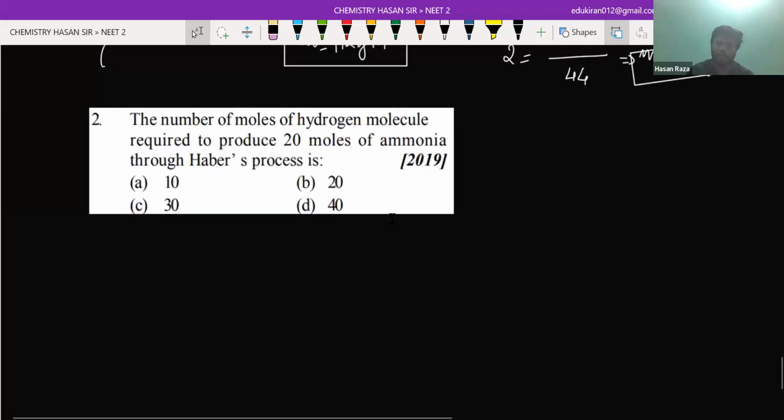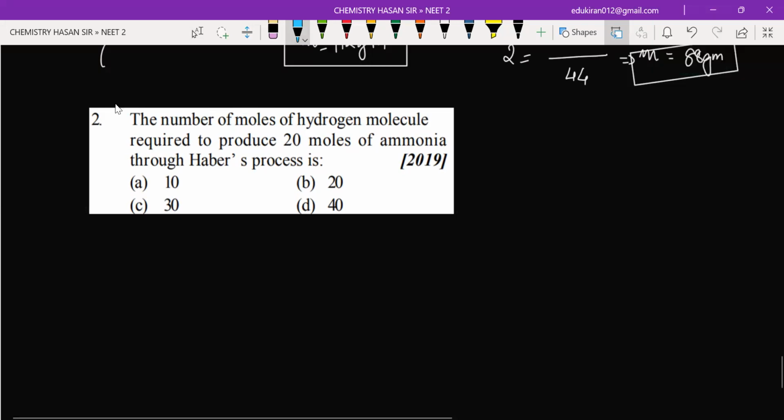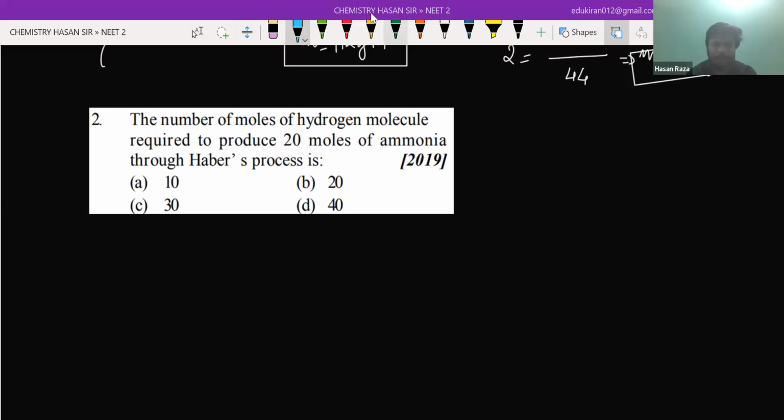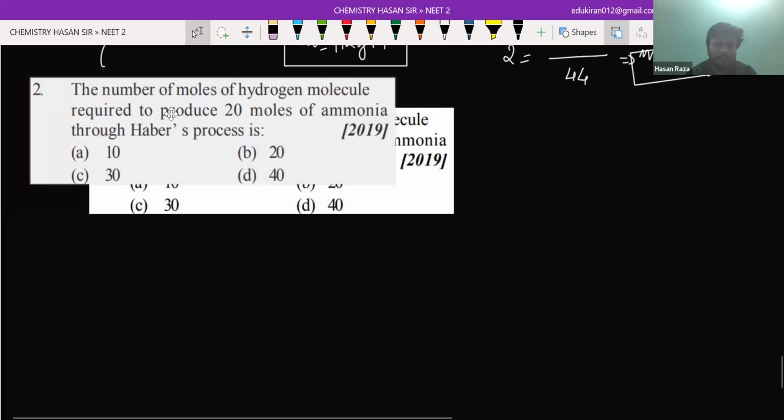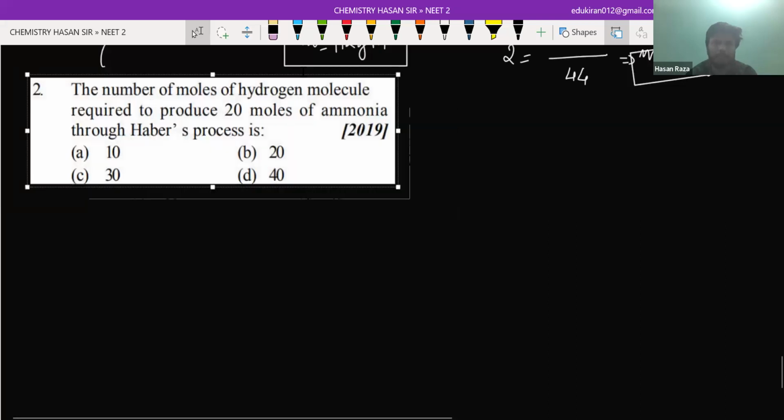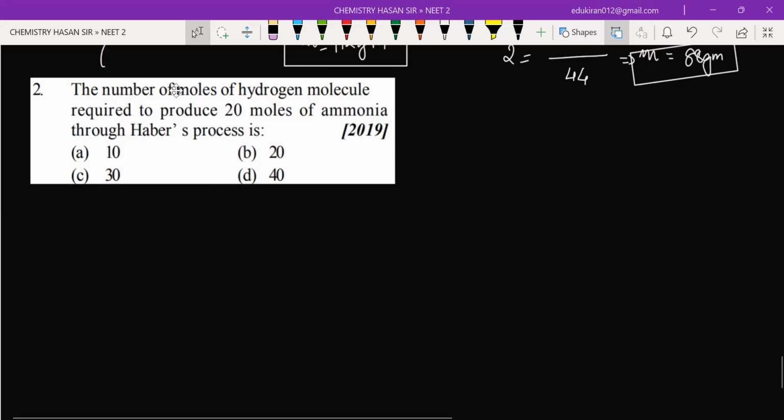Let me know, will you be able to write a reaction for this Haber's process to prepare ammonia? Will you be able to write the reaction, Rabia and Aisha?